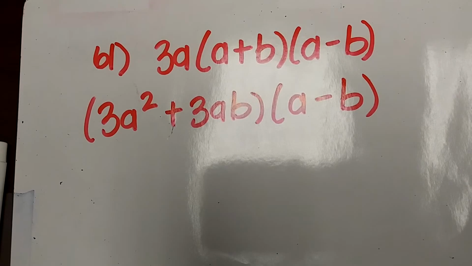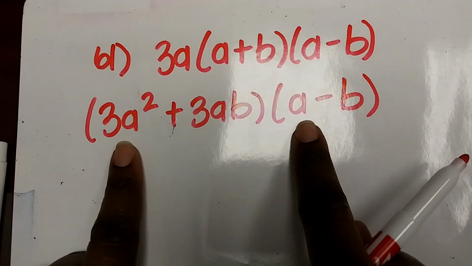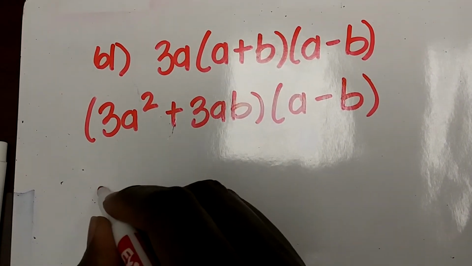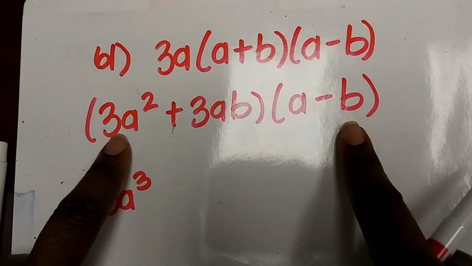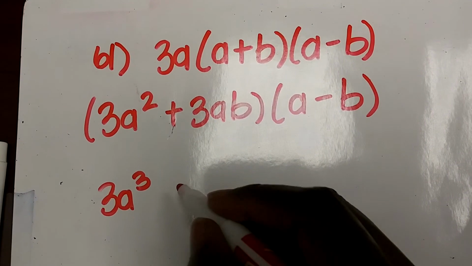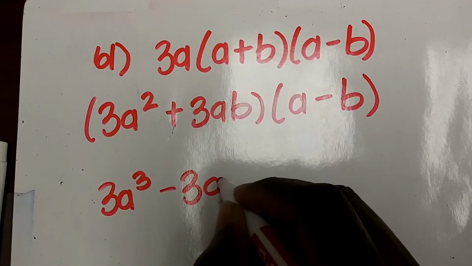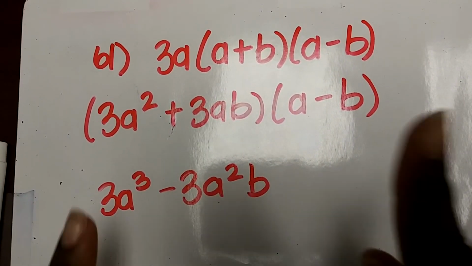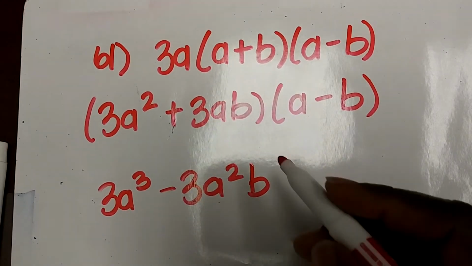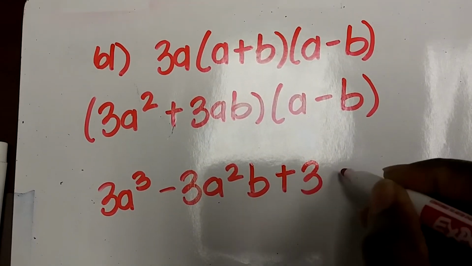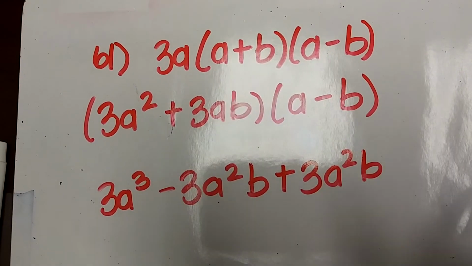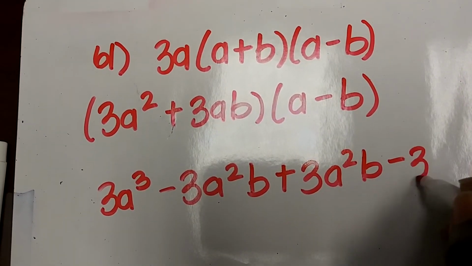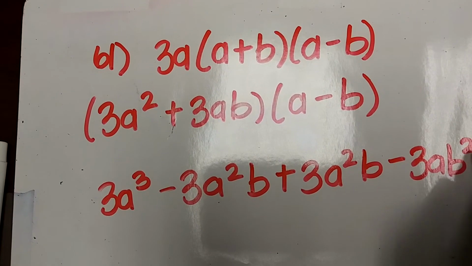Now we're going to apply the FOIL method. We're going to do first. So we have 3a to the third. We're going to do outer. I have minus 3a squared b. We're going to do inner. So that's positive 3a squared b, and then we're going to do last, which is minus 3ab squared.